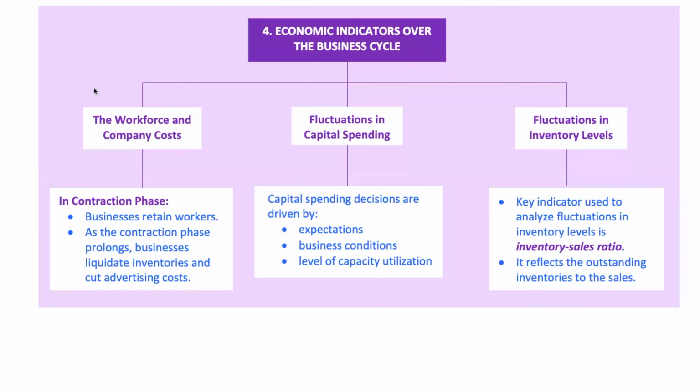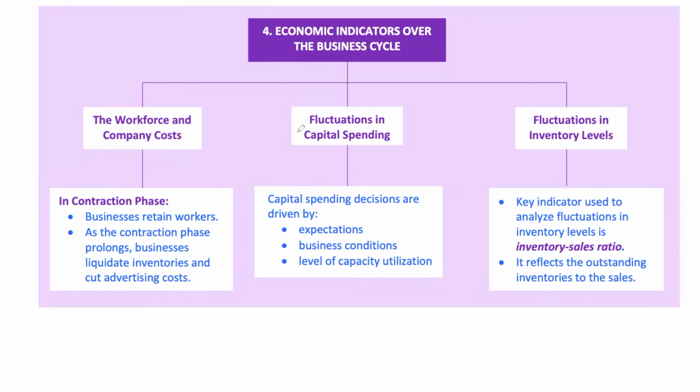In this section, we'll explore how economic indicators evolve over the business cycle, focusing on three key areas: workforce and company costs, capital spending fluctuations, and inventory levels. During contraction phases, companies tend to retain their workforce, but as the phase prolongs, there's a shift towards liquidating inventories and cutting costs, including advertising expenses.